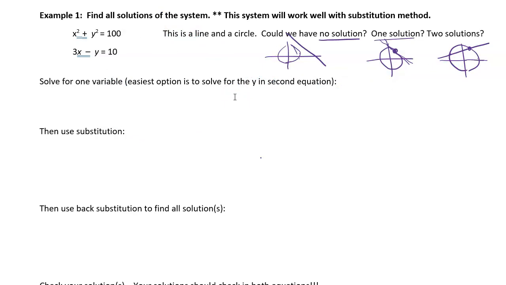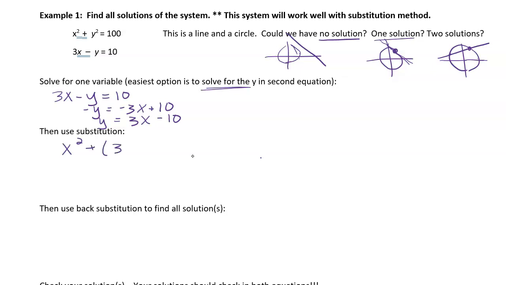So we're going to use substitution, and we're going to solve for the y in the second equation. We've done this before, so this is nothing new. You get y equals 3x minus 10. Then use substitution, flip over to the other equation and substitute this in.